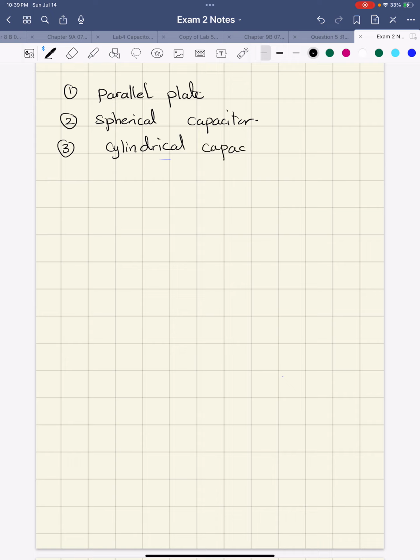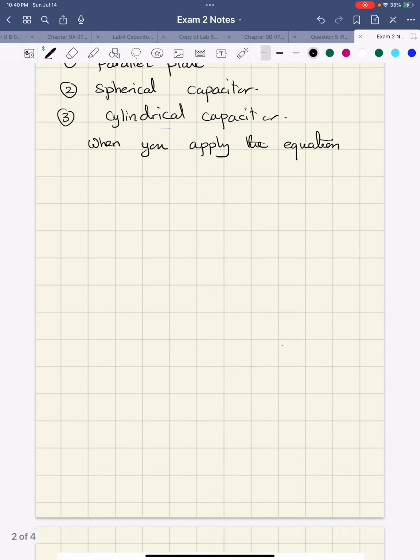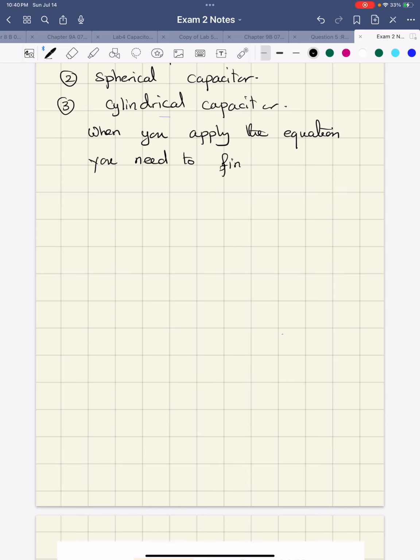Now, one thing I'm gonna bring to your attention is when you are going to apply the equation above that I shared with you, which is C equals Q divided by V, you need to find the expression for potential difference or voltage.